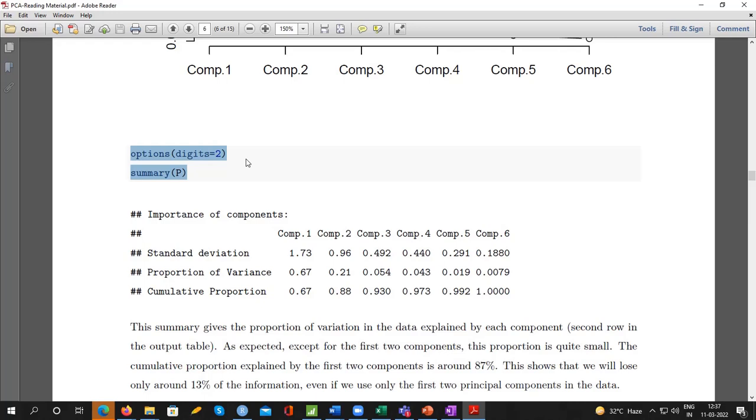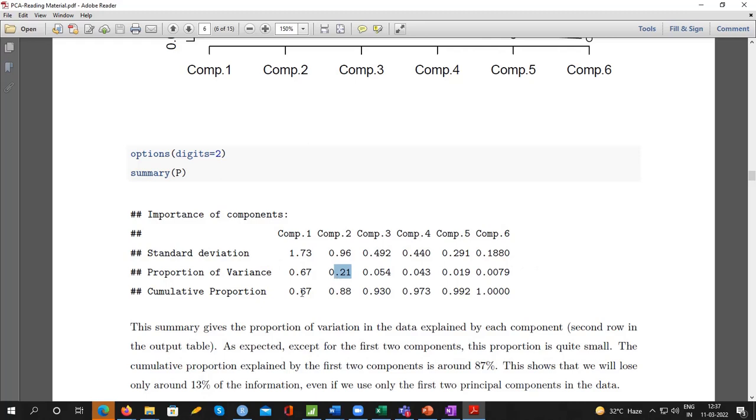So the summary of P is printed here. We saw these were the standard deviations. The squares of these would be variances, and the proportion of variance explained by the first component would be the variance of the first component divided by the sum of all the variances. Then this would be the variance of the second component divided by the sum of all variances.